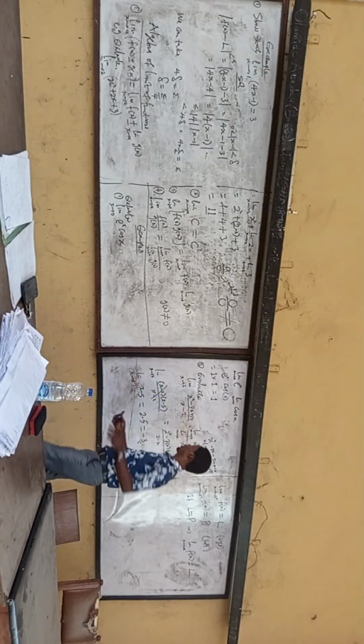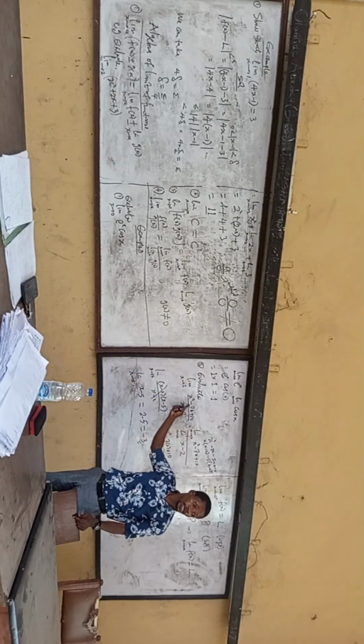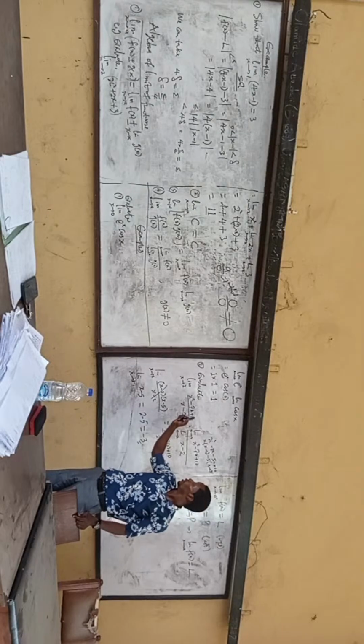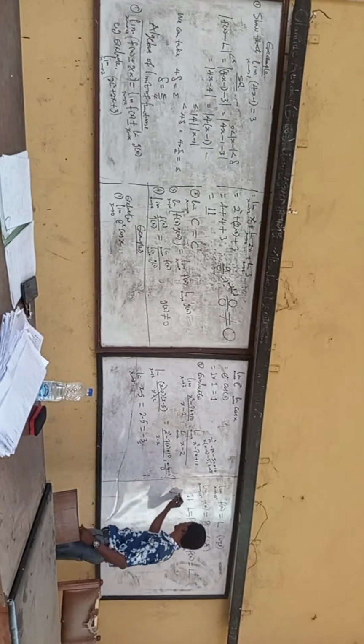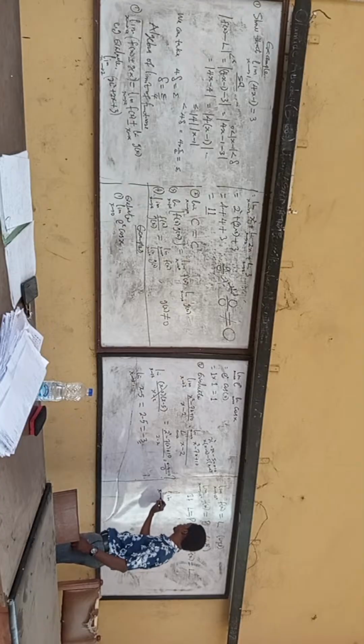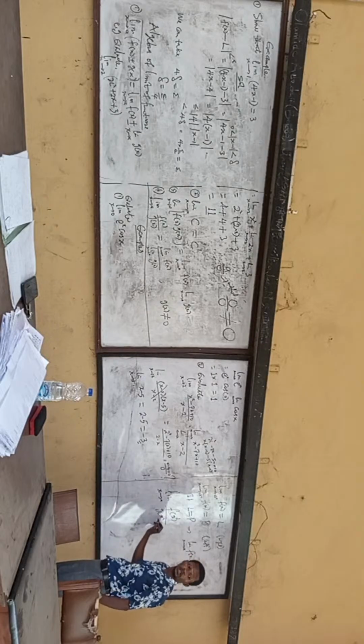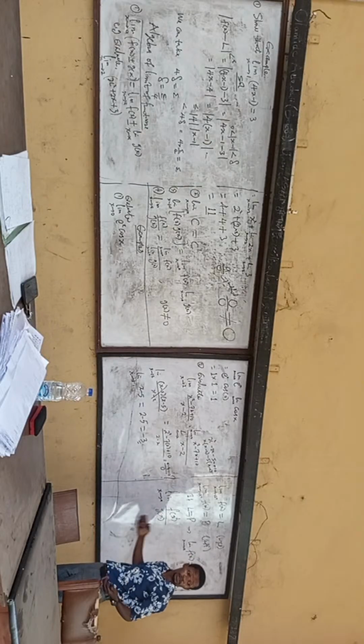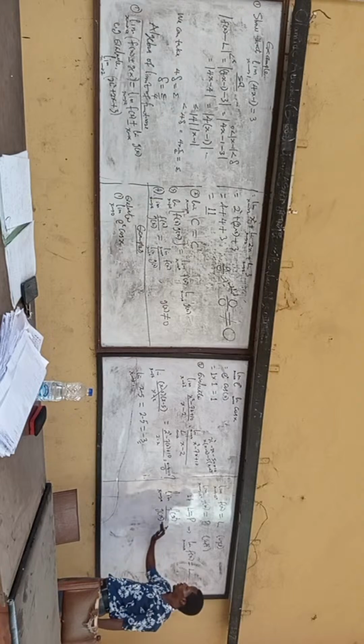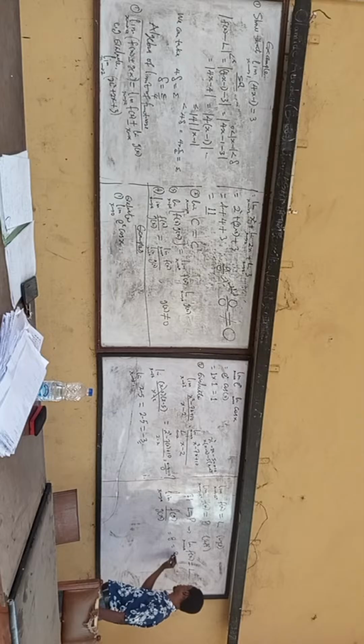You can also try L'Hopital's rule. The rule says that if you have limit as x tends to a of f of x over g of x, because most times that we have undefined functions is when we have rational functions. This does not work if it gives you 0 over 0 or infinity over infinity.